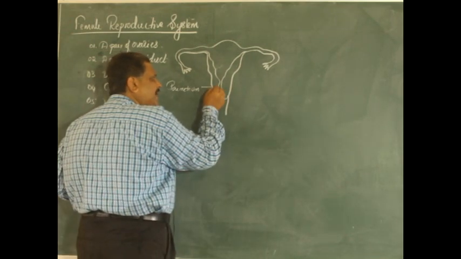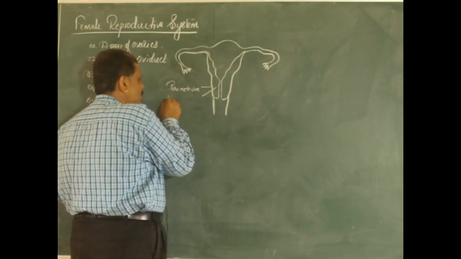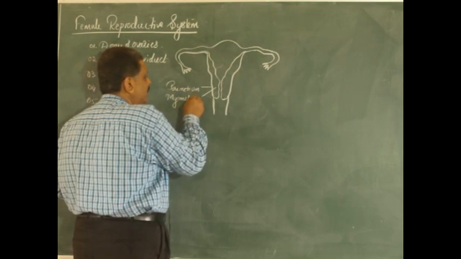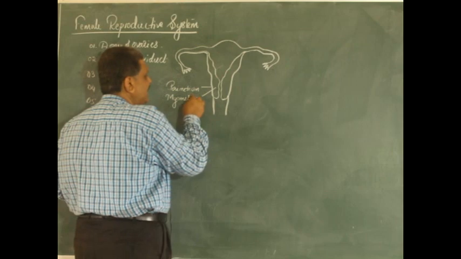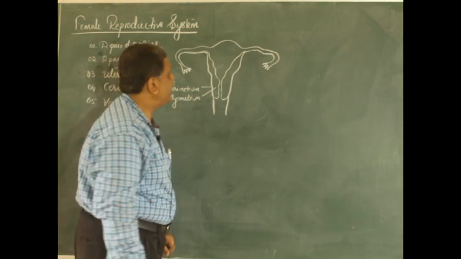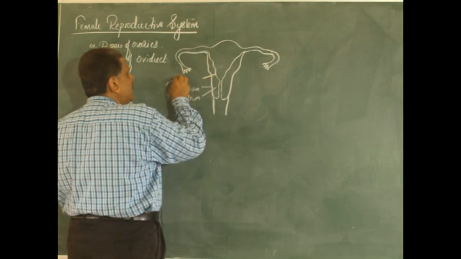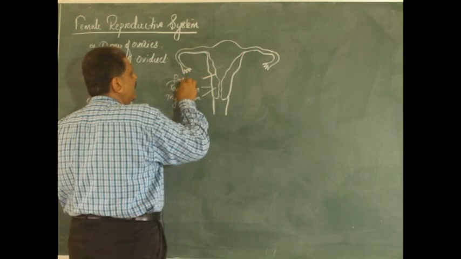And the middle layer is highly muscular, and it is called myometrium, which helps in childbirth and it causes labor pain. And the innermost layer is called endometrium.